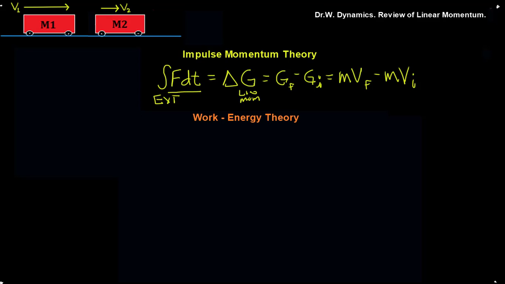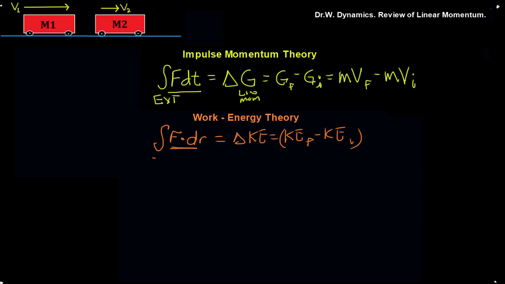Let's take a look at the work energy theory as it pertains to collisions. And recall here that work is the integral of F dot dr, and that will cause a change in kinetic energy, which would be kinetic energy final minus kinetic energy initial.